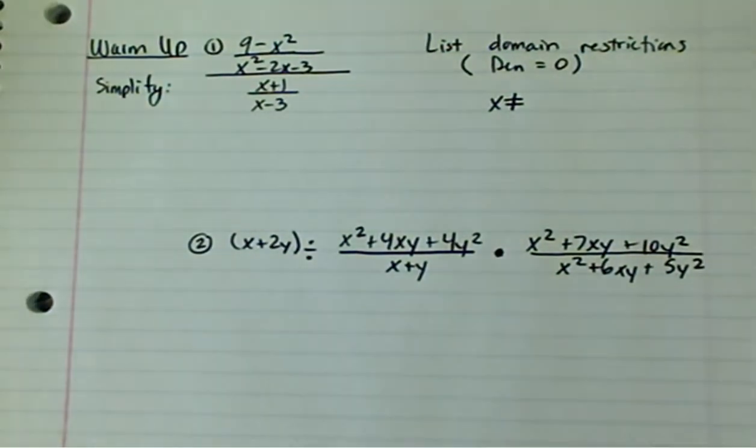Okay, so we got two questions. Right, we are simplifying or reducing, and then you're listing the values that x can't be. Right, what would make it undefined?